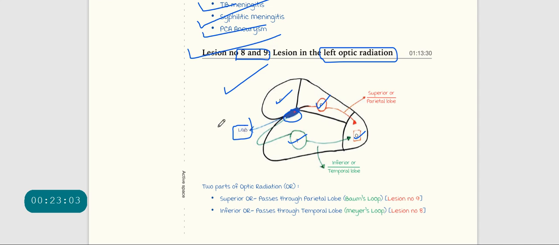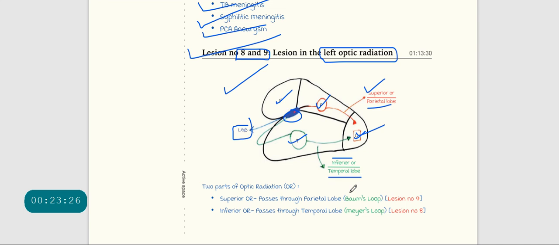And to go to the occipital lobe, it has two pathways. One goes superiorly to the parietal lobe, and one goes inferiorly to the temporal lobe.